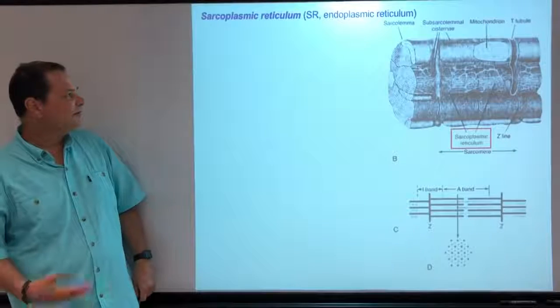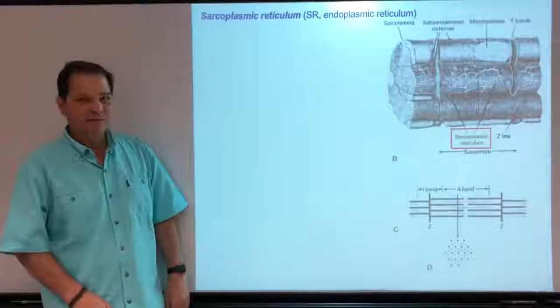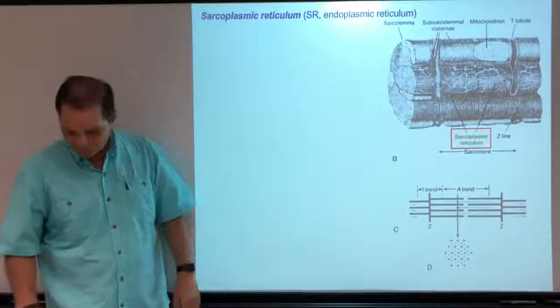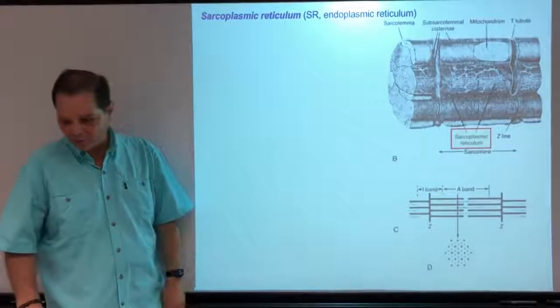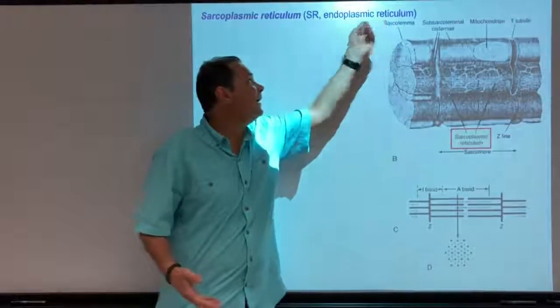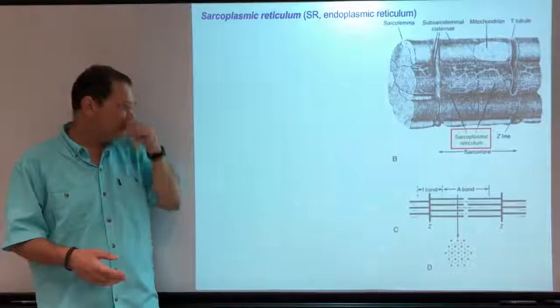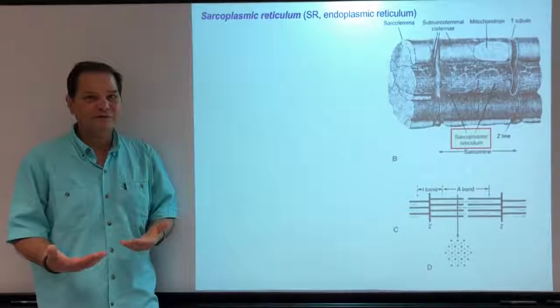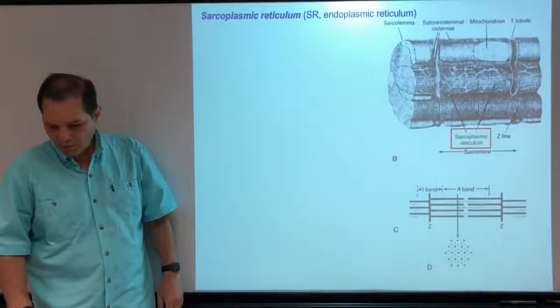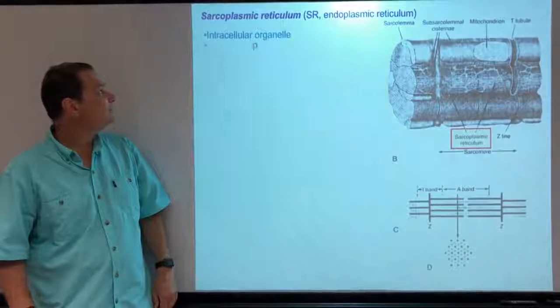Another thing that causes your cardiac muscle to contract is calcium release from the sarcoplasmic reticulum. The sarcoplasmic reticulum, or the SR, as we will typically call it, is a very highly developed endoplasmic reticulum, for those of you who are familiar with the organelle in other cells that maybe aren't as excitable. Okay? It is an intracellular organelle, okay?